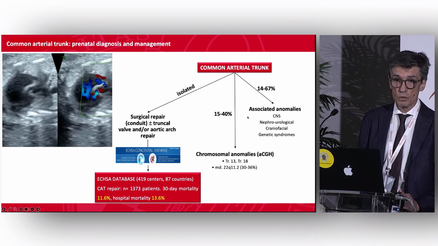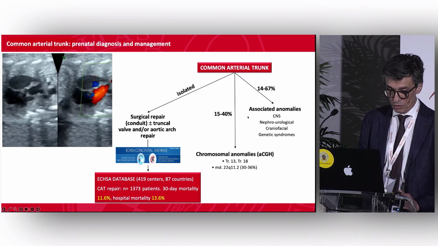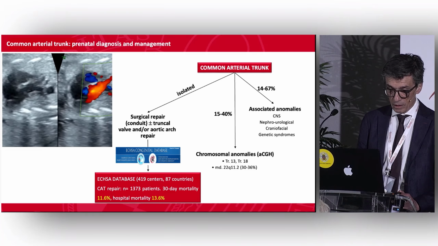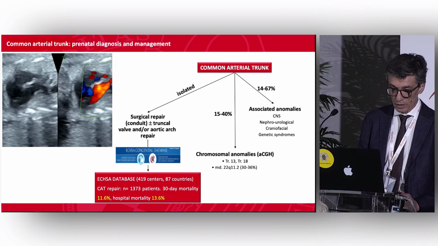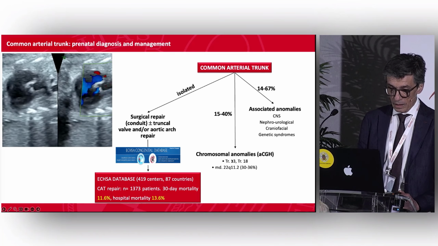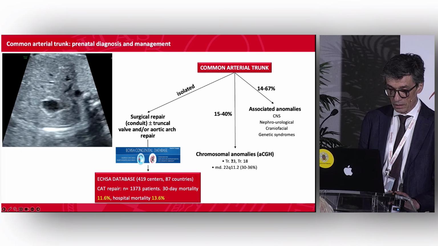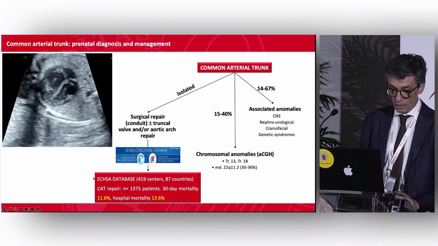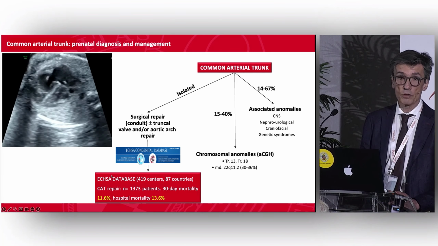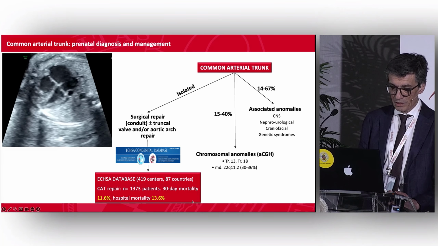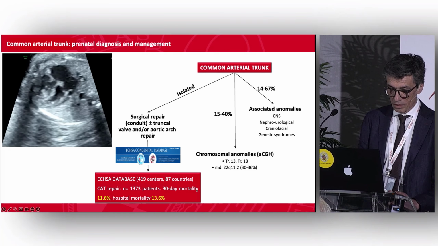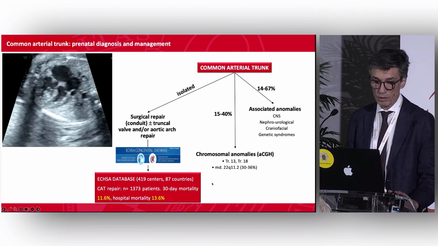It is possible to do a complete repair of this condition, and to repair the truncal valve and even the aortic arch. Looking at the data, the largest series that we have so far is from the European Congenital Heart Surgeons Association, with many centers from up to 90 countries.